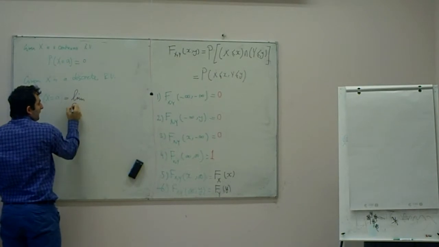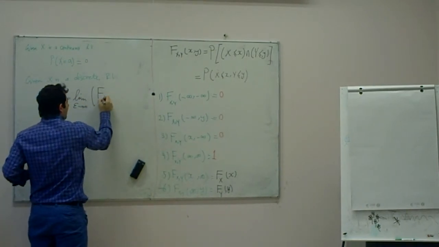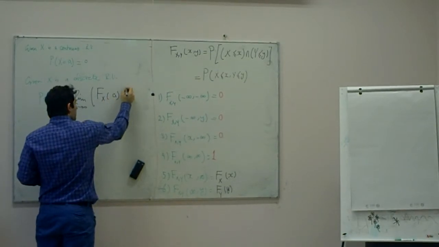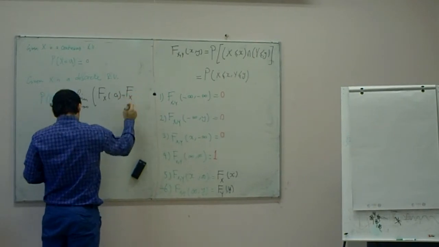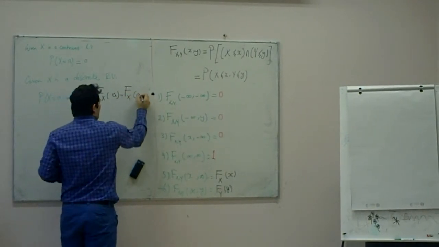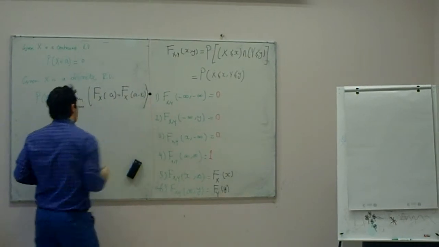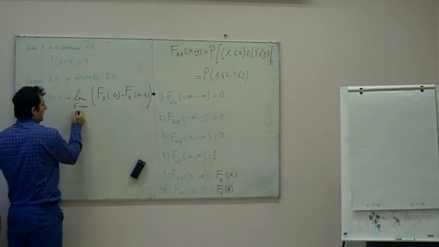The limit of epsilon goes to 0 of F_X of a plus epsilon minus F_X of a minus epsilon, and epsilon is positive.